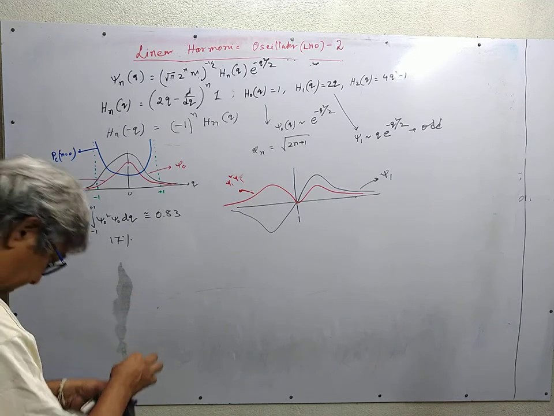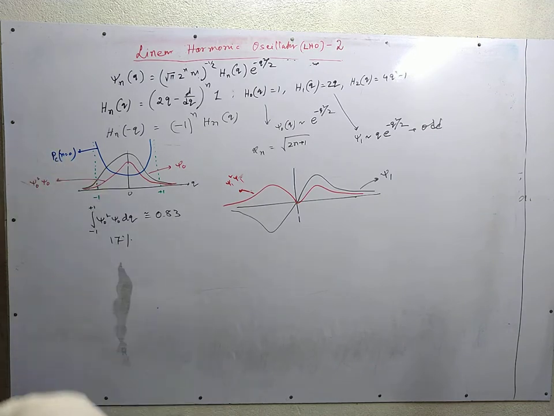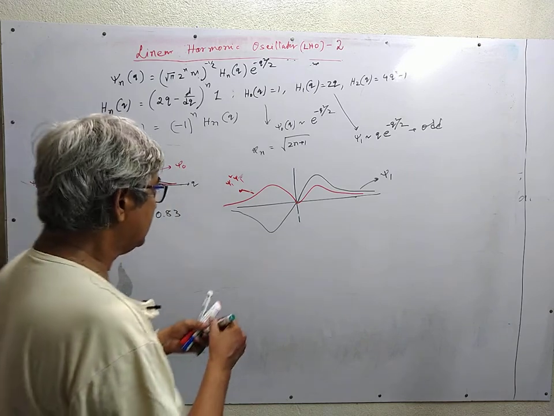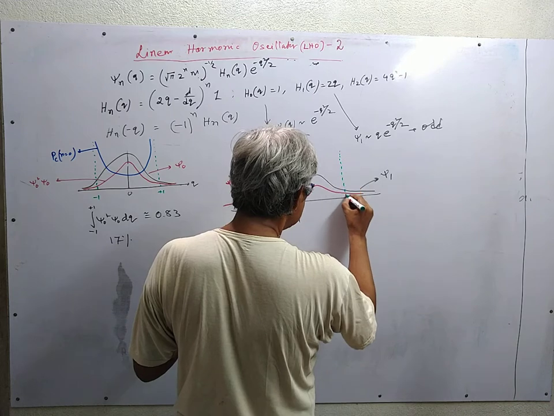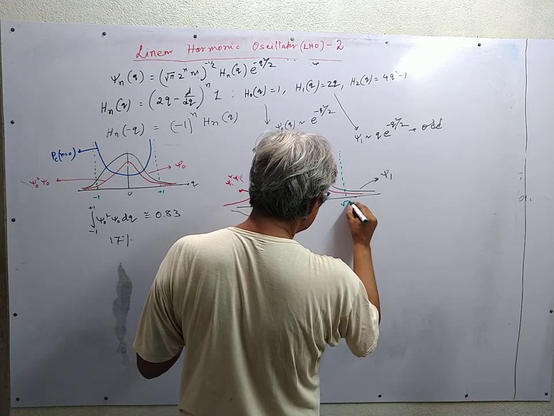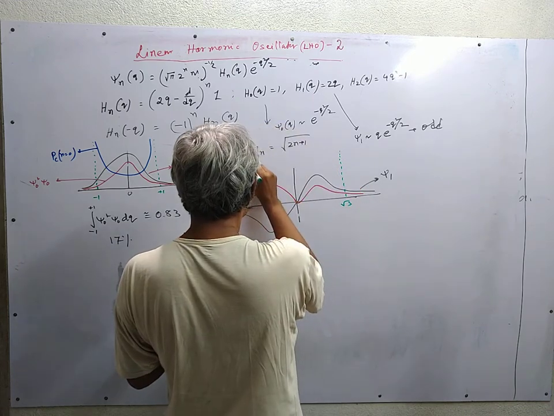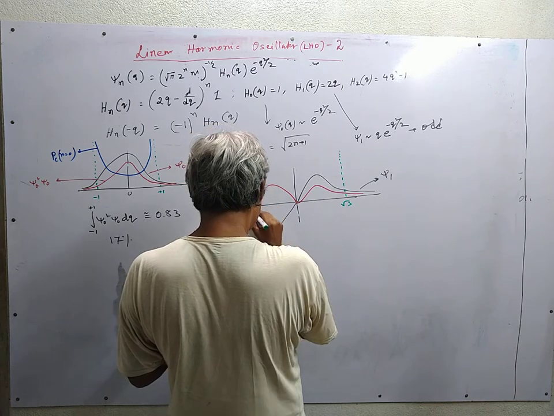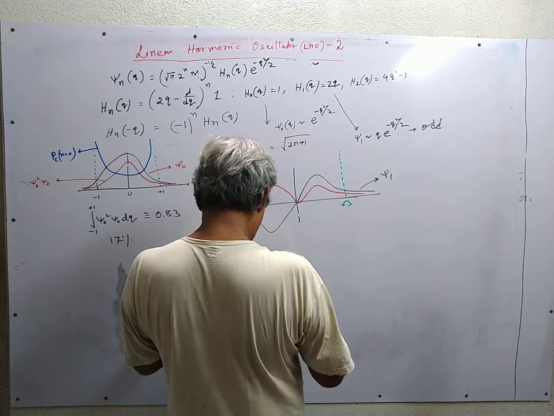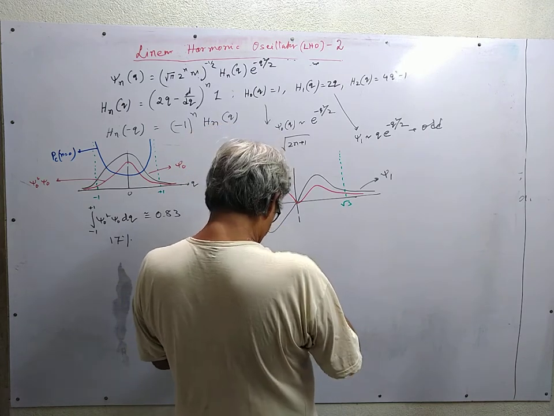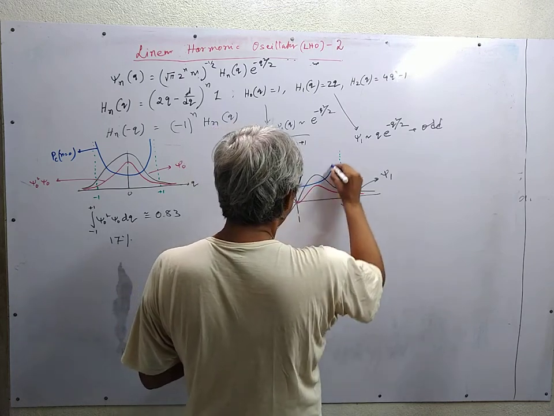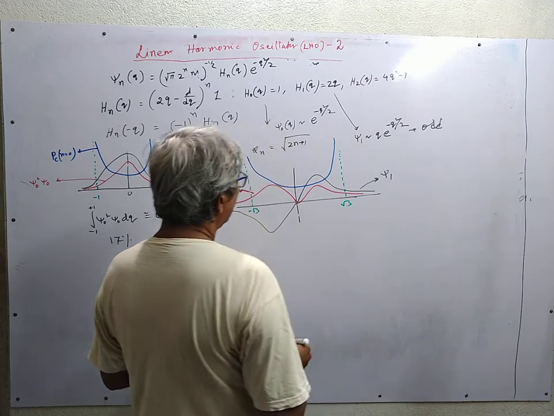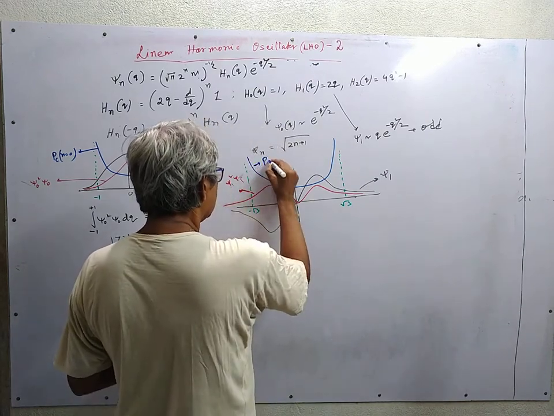This is plus minus root 3. And the classical probability distribution goes like this. This is PC.